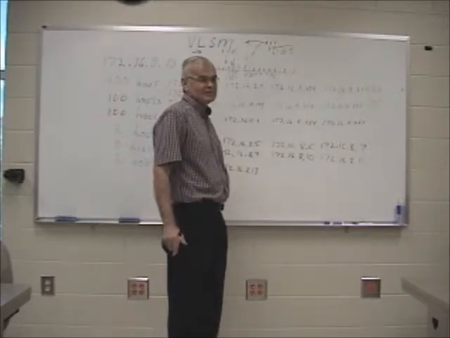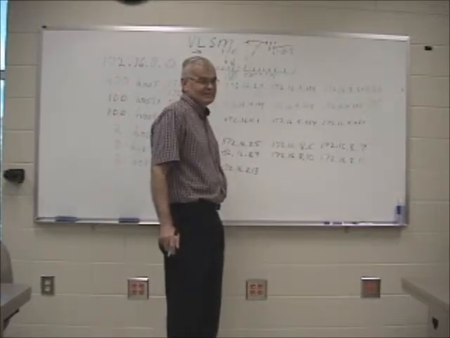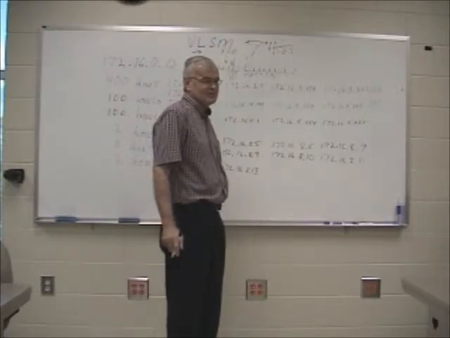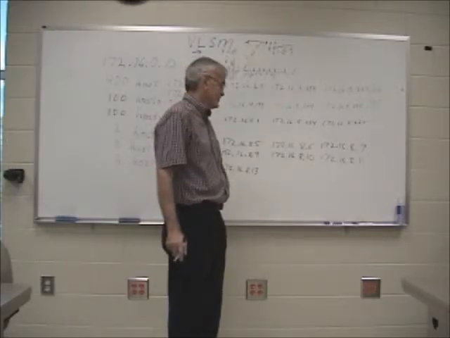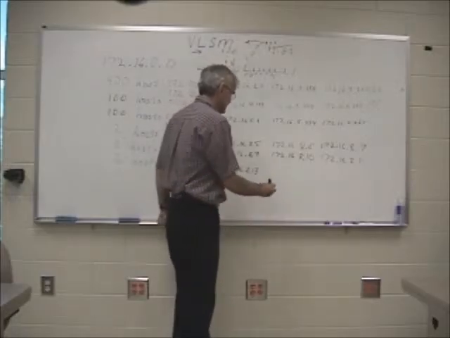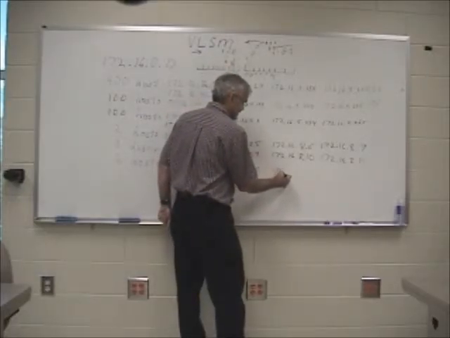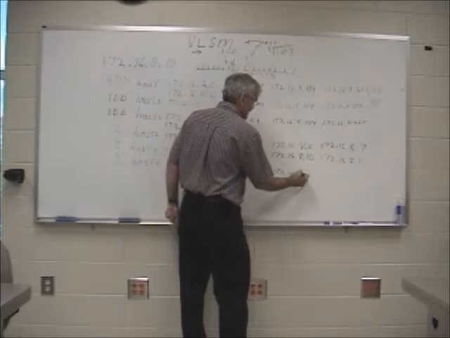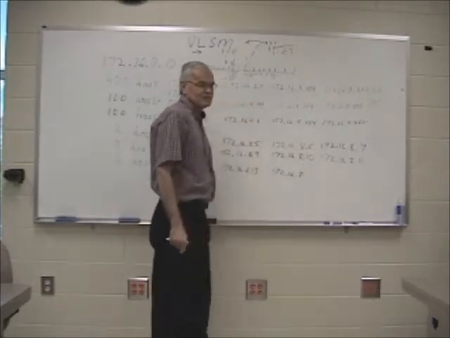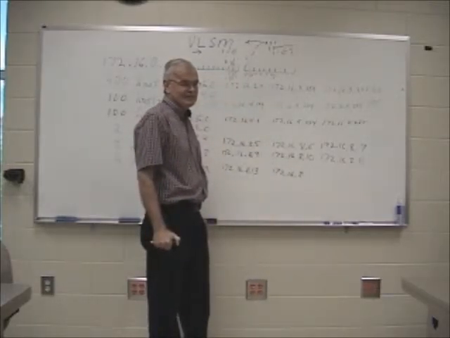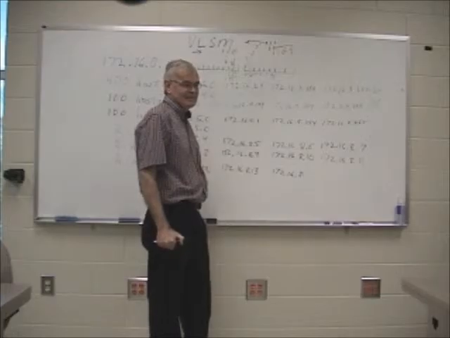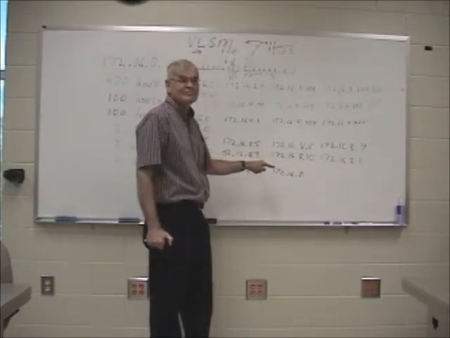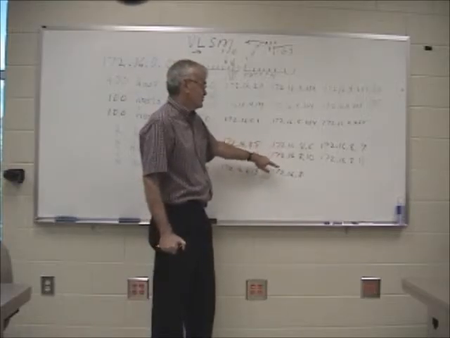Give me the whole number. What's the first 3 numbers without even having to do any calculating? 172.16.8. And the last number is going to be what? 16. Add 4 each time, remember.